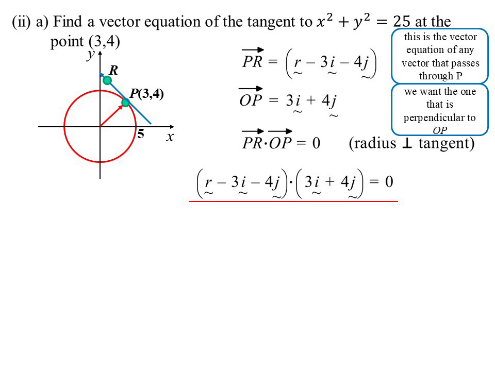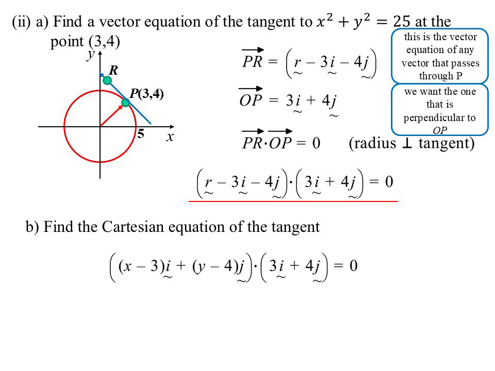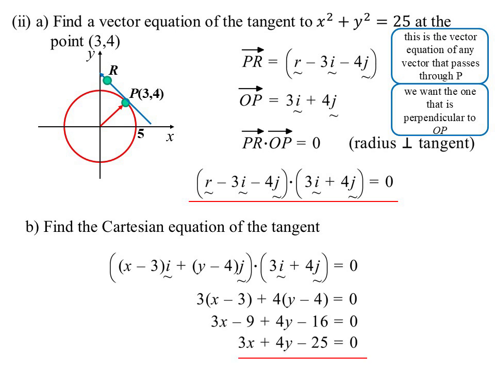That would be a vector equation that represents that line. Well, what would the Cartesian equation then be? All right, let's do the dot product. I'll break this first one up into its components, group the i components together and the j components together, multiply the i's together, multiply the j's together, and we can easily get the Cartesian equation of that line.